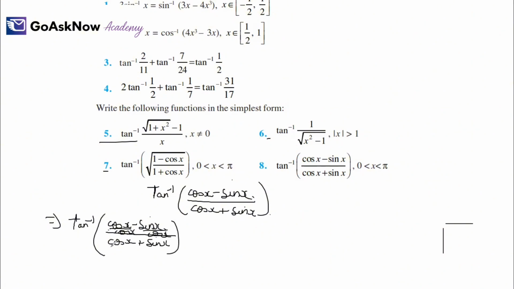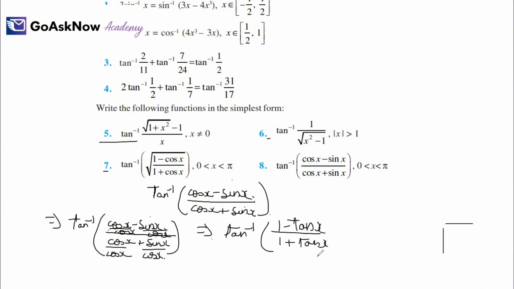Here also cos x and here also cos x. One way is multiplying with the conjugate, which will also be okay, but let's find the answer in the easiest way. So inside the bracket this will become 1 minus tan x upon 1 plus tan x.